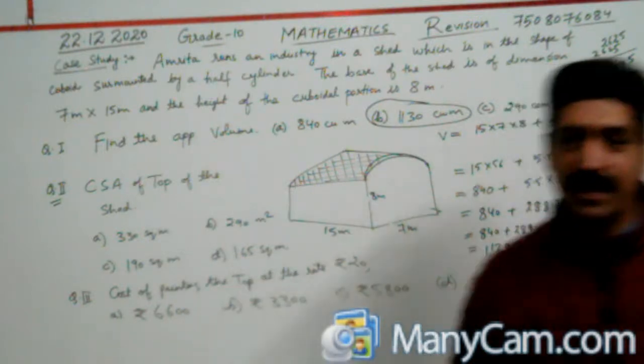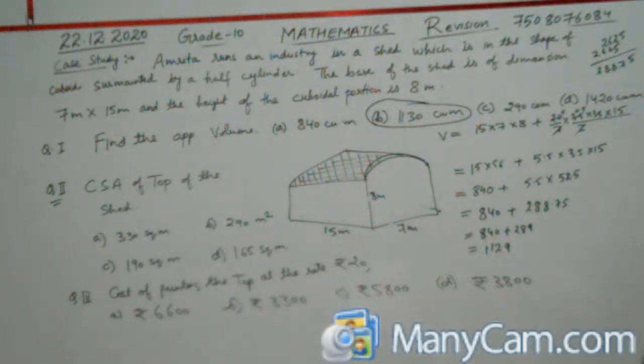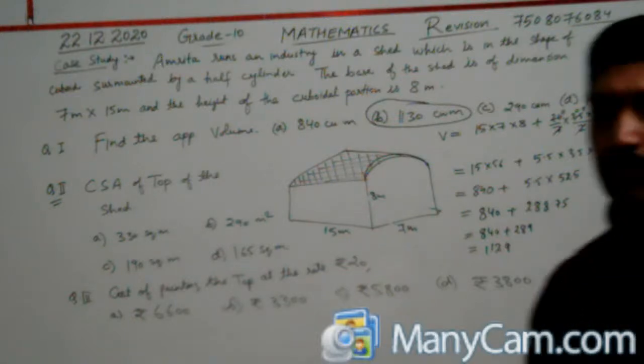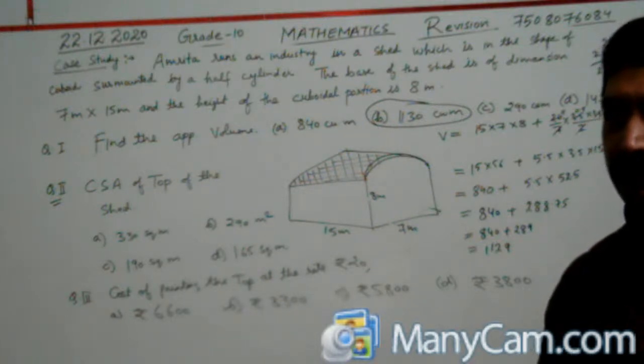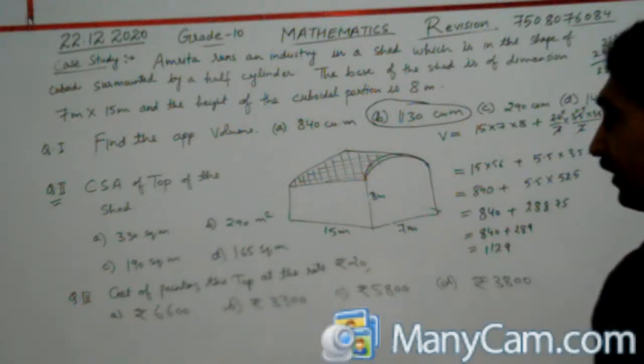Four options are given. So find the curved surface area. Curved surface area here is only half. So the curved surface area of a cylinder is 2 pi RH, but it will be only pi RH. The 2 will get cancelled because we are only going to find the half.